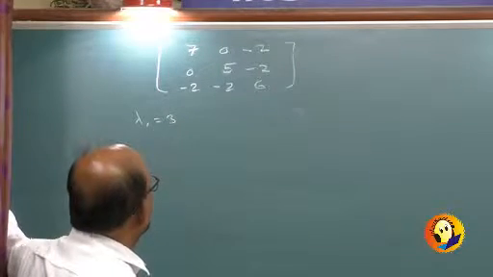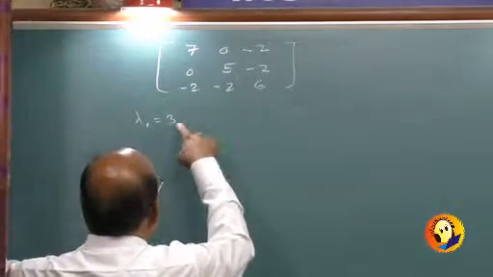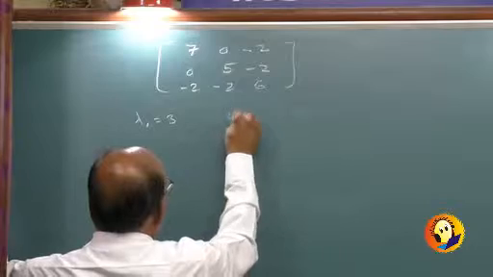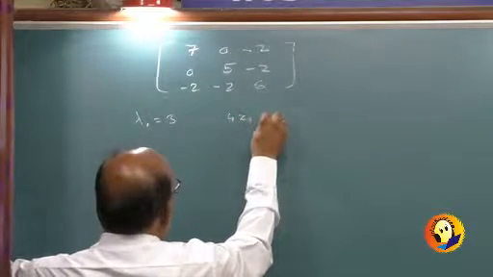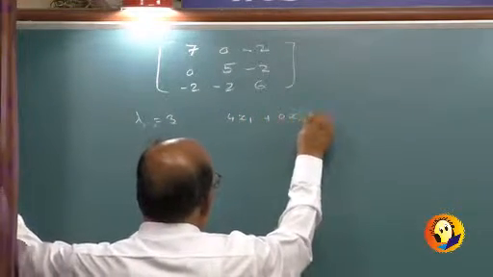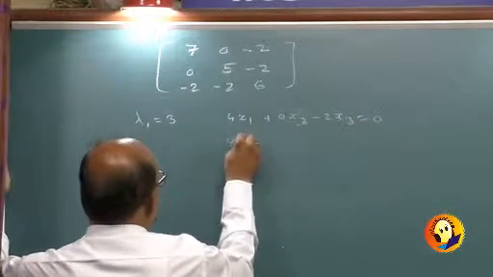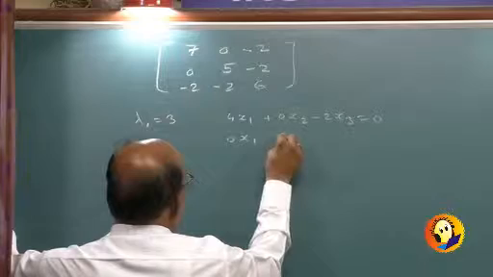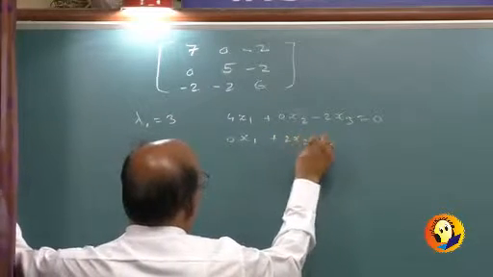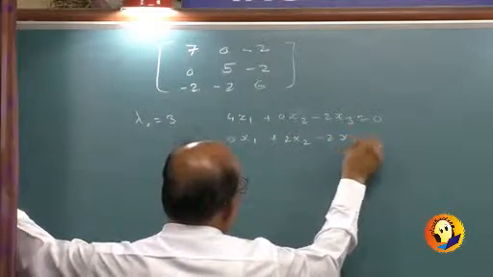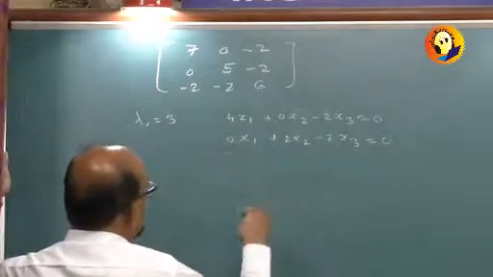So here at lambda 1 equal to 3, the equations will be 4x1 plus 0x2 minus 2x3 equal to 0, and 0x1 plus 2x2 minus 2x3 equal to 0. I am taking the first two.